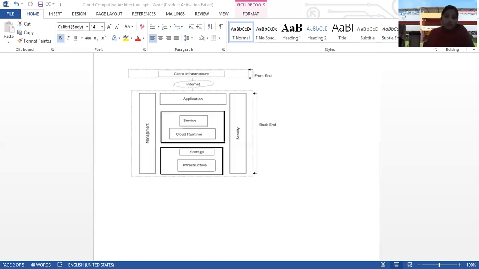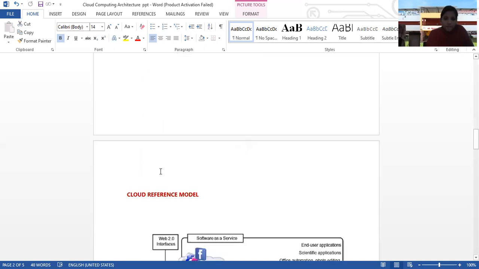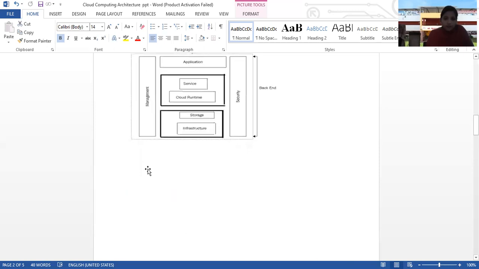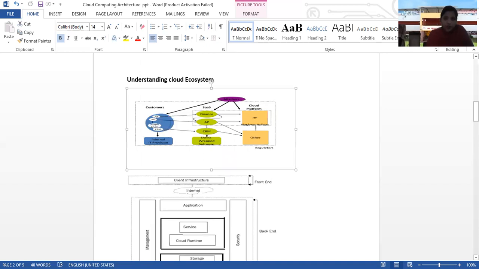The following are the cloud ecosystem architecture components: cloud service user, cloud service provider, and cloud service partner. Let's discuss. A cloud service user is an individual or company who uses cloud services that are distributed.